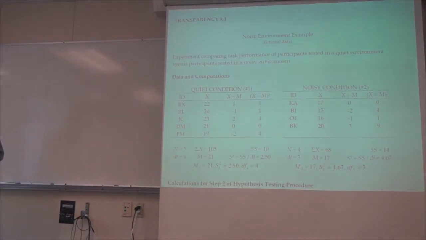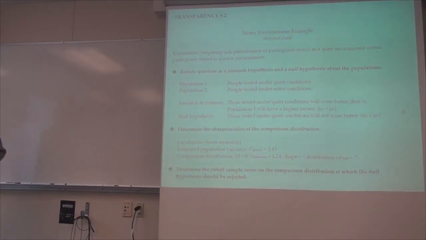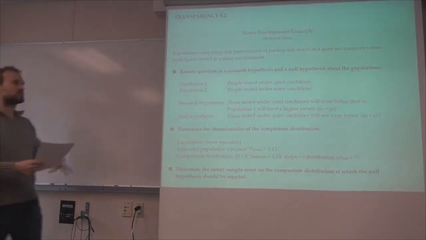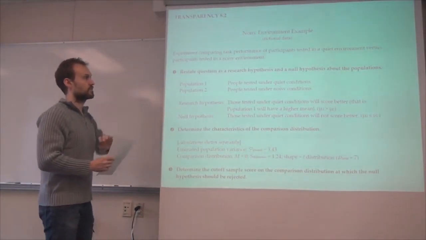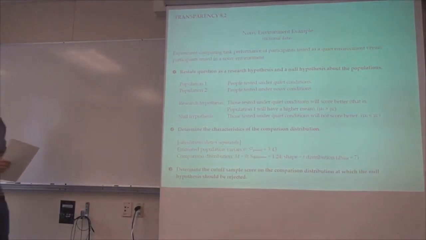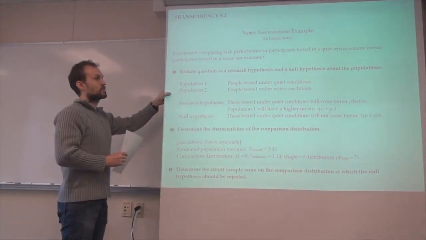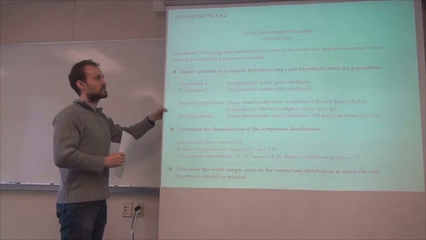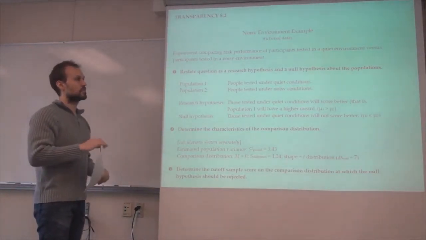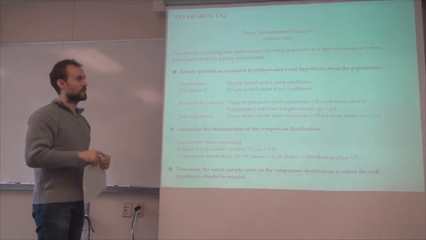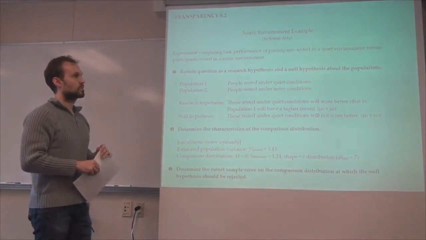So let's go to the next, the hypothesis test procedure. It just started. We're going to jump around a little bit. The first part should be fairly familiar in how we phrase them. So I have two populations. One population tested under quiet conditions, one population tested under noisy conditions, and my research hypothesis is what I hope would be supported by the evidence, that under quiet conditions they score better.